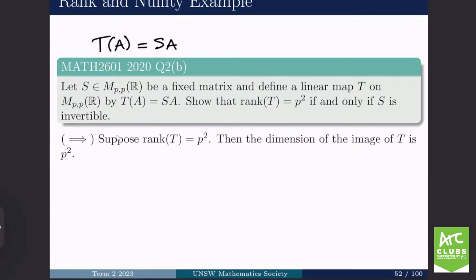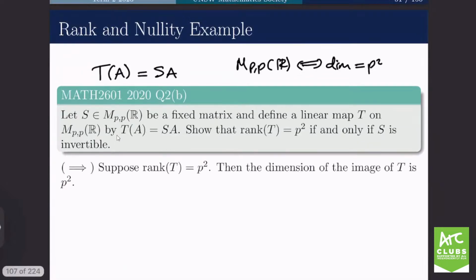So first thing we can do is break down this question. We're dealing with the vector space of P by P real matrices. This has dimension equal to P squared. That's because, just like the dimension of 2 by 2 real matrices is 4, the dimension of P by P real matrices will be P squared.